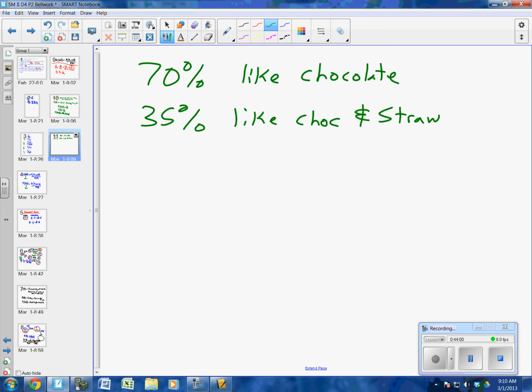What percent of those who like chocolate also like strawberry? Okay, now. Okay, so the question one more time. What percent of those who like chocolate also like strawberry? So I'm going to write this down. What percent of those who like chocolate also like strawberry?